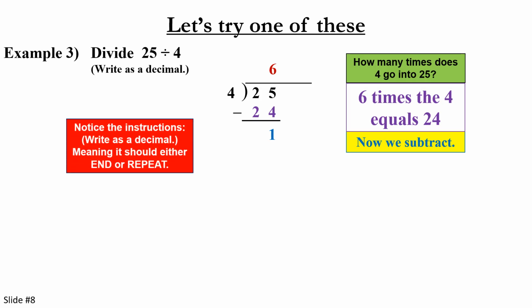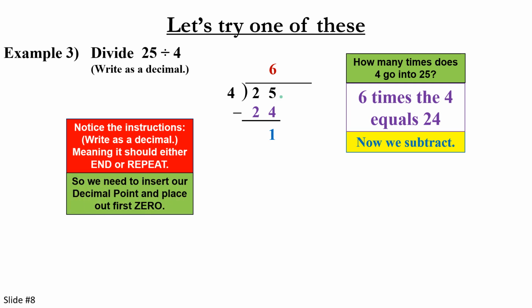Notice the instructions write as a decimal, meaning it should either end or repeat. But I need to insert my decimal point and then put in my first 0. And that is what I bring down, as I bring down the 0.